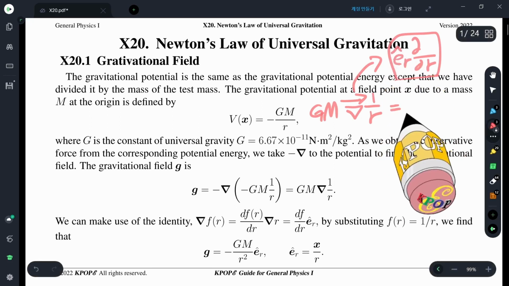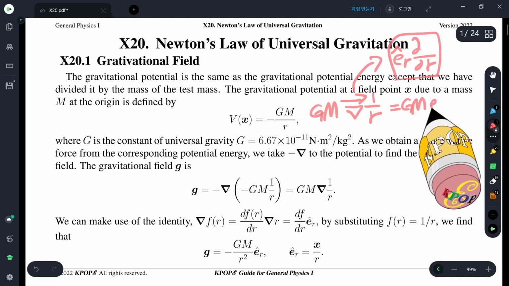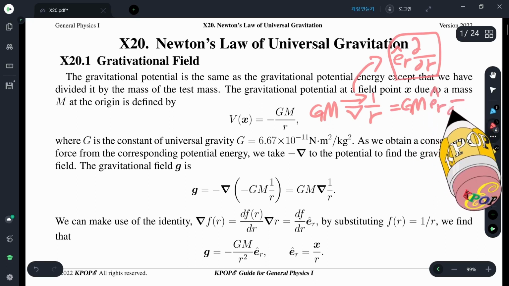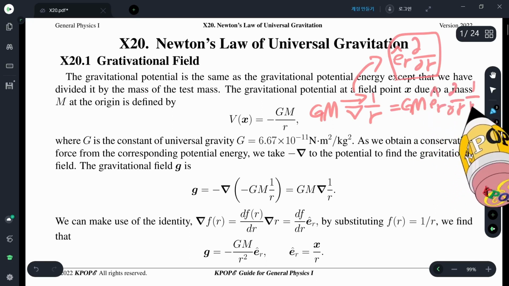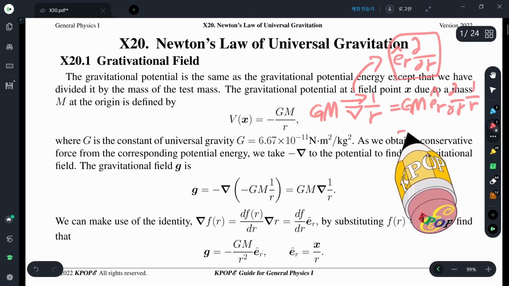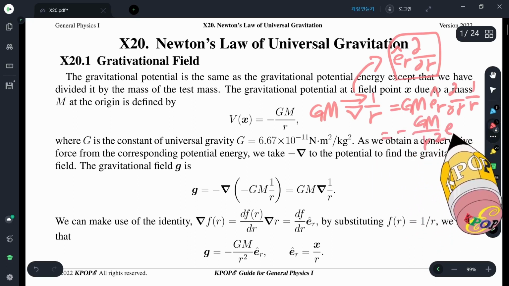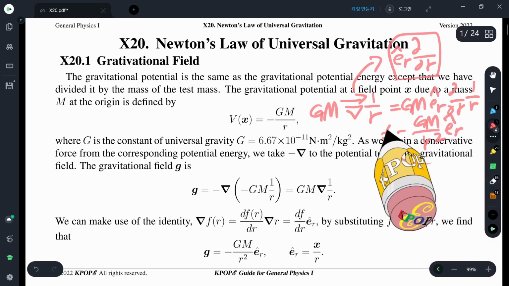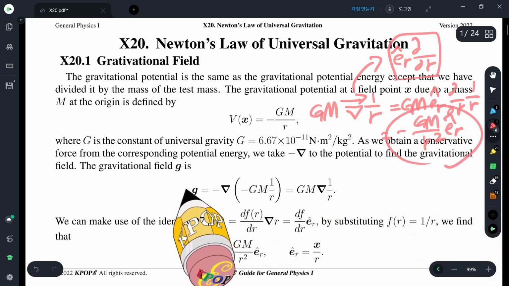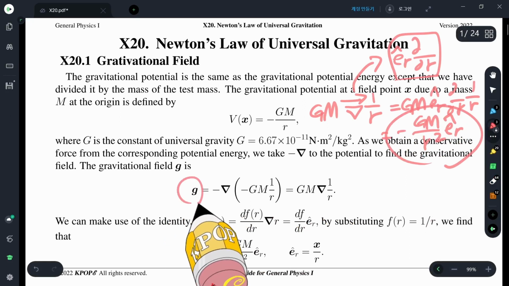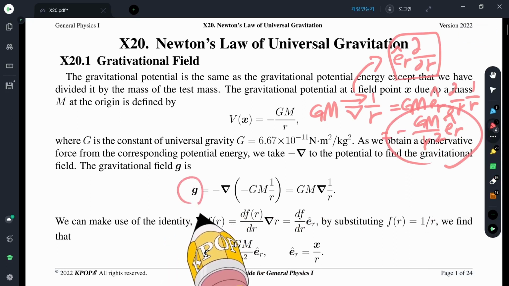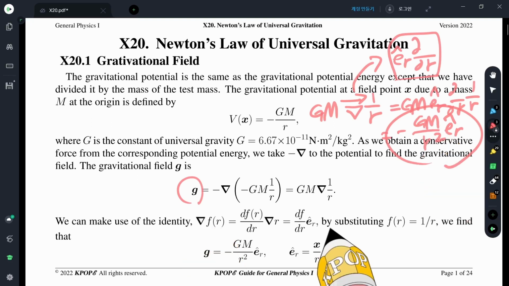So GM er hat times minus 1 over r squared, er hat. This is the gravitational field, the gravitational acceleration due to the point mass capital M placed at the origin.